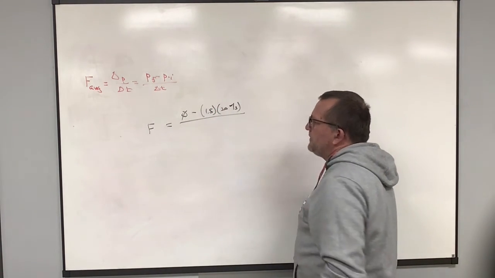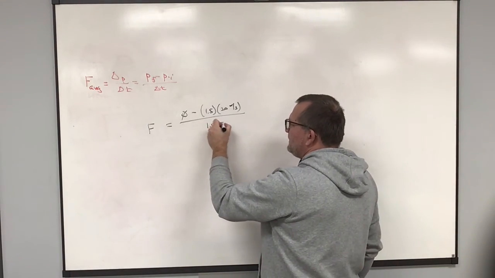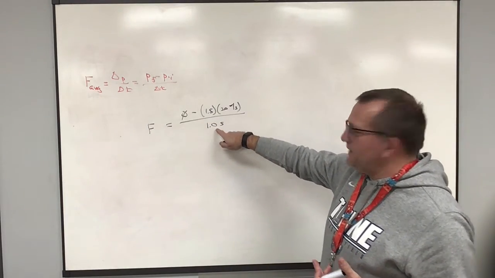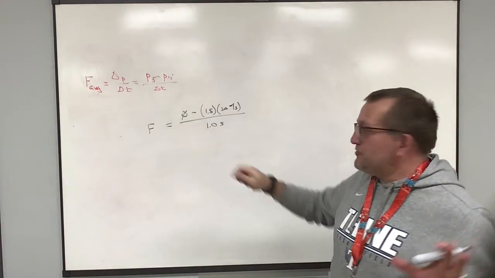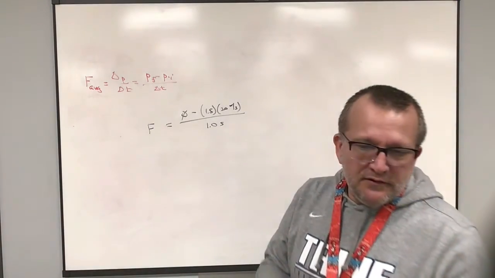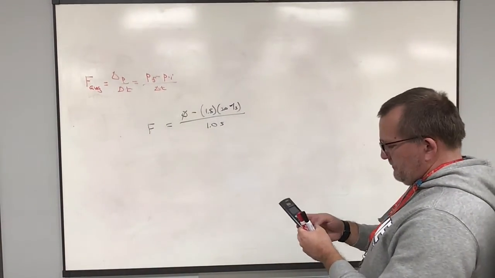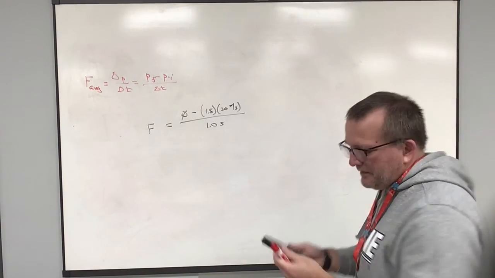And we're going to divide that by our change in time, which in this case we have already said is going to be 1 second, because that's what we want it to be. Now, if we made it 2 seconds, this would be 3 and that would be 2. If it was 3 seconds, this would be 4.5, this would be 3. It doesn't matter. We just chose 1 as our change in time. So now I take 1.5 times 20, take 0 minus that, divided by 1.